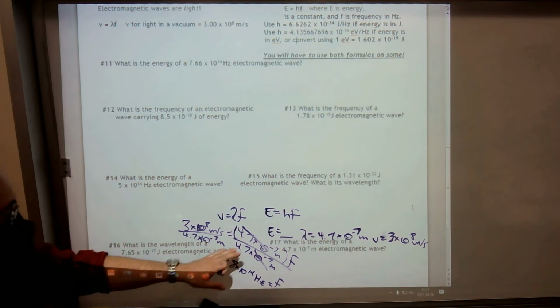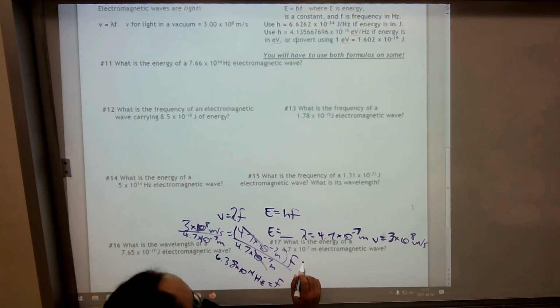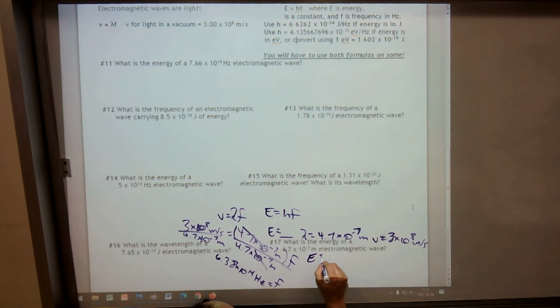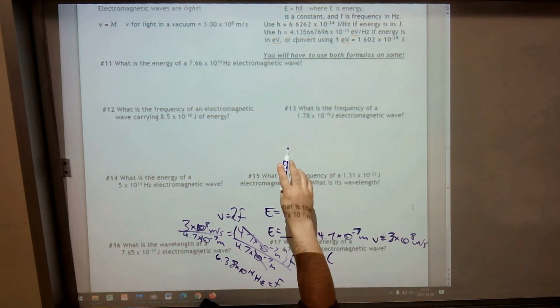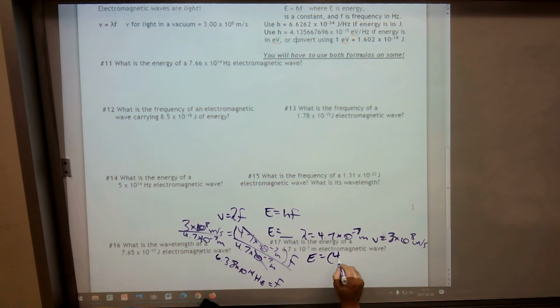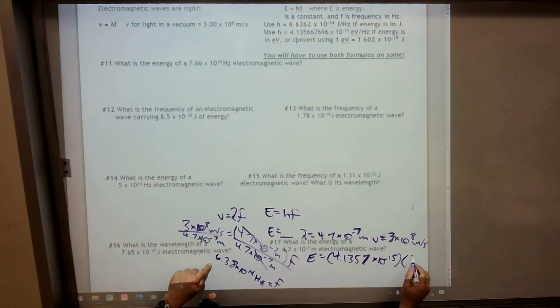Now I've got F, so now I can finally do that. So I'm doing E equals HF. H is the one it gives you on your paper, 4.1357. I rounded it. I didn't use all those numbers. Times 10 to the negative 15. And I've got my F now.